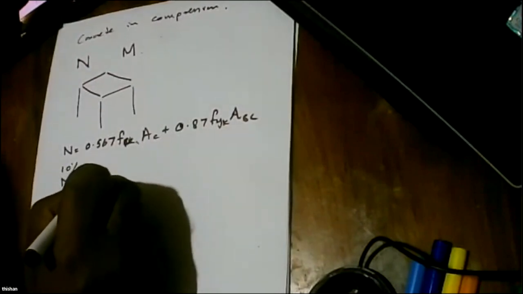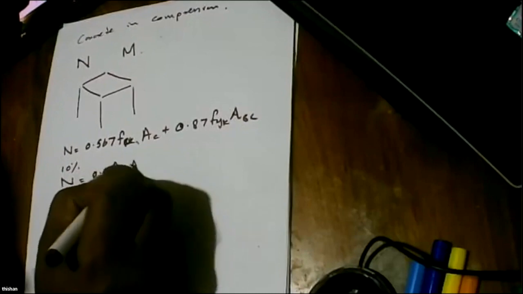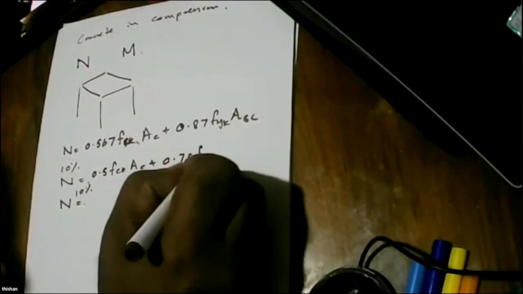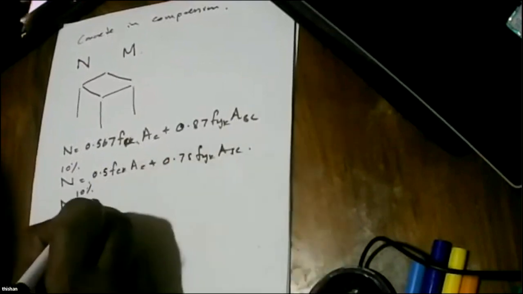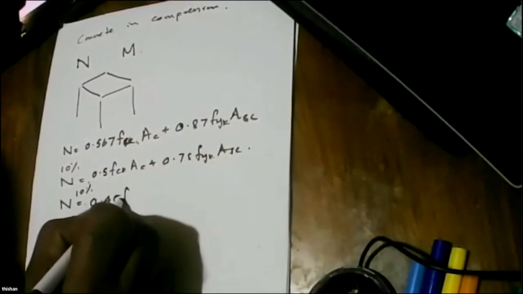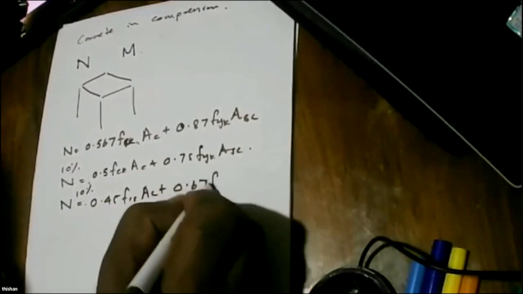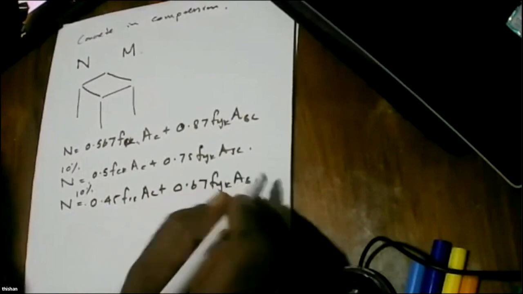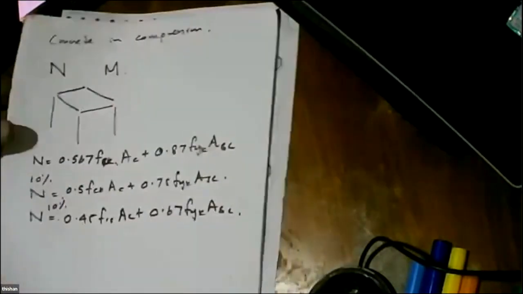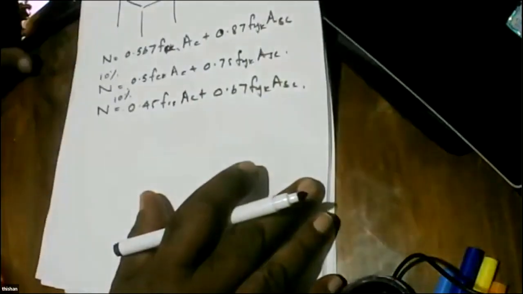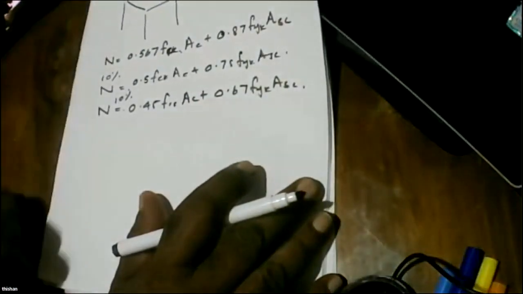So here you get about 0.5 FCK AC plus 0.75 FYK AC, or you can get 0.45 FCK AC plus 0.67 FYK AC. Now these equations can be derived by you. So deduct the capacity by 10%. From memory I just wrote the equations, but the basic equation does not change, and you can always derive your own.